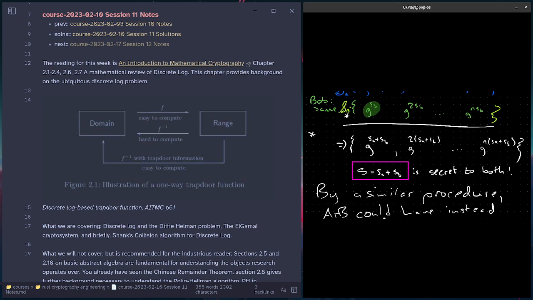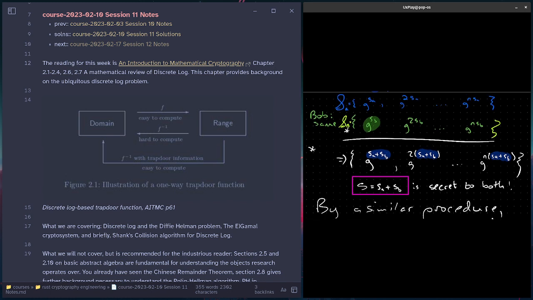And the neat thing about this approach is that now both Alice and Bob have these exponents, sA plus sB, and 2(sA plus sB), and all the way up to there. However, neither Alice nor Bob can recover one another's value.